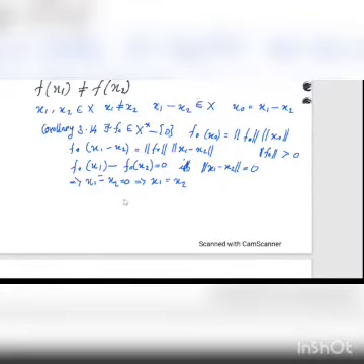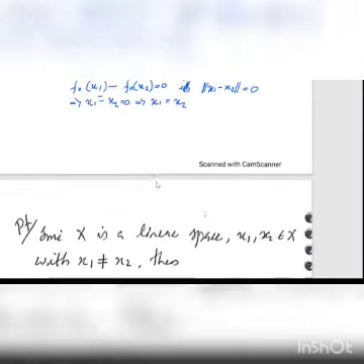But given x1 not equal to x2, therefore f of x1 cannot be equal to f of x2. Okay, let us see the proof in detail.